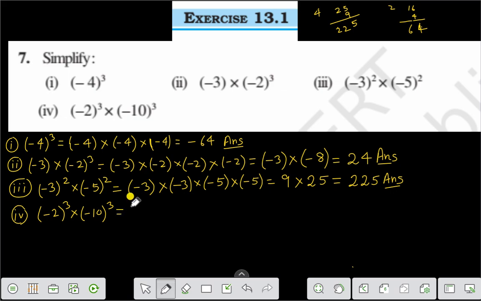Then you are getting minus 2 into minus 2 into minus 2, and minus 10 to the 3, that is minus 10 into minus 10 into minus 10.